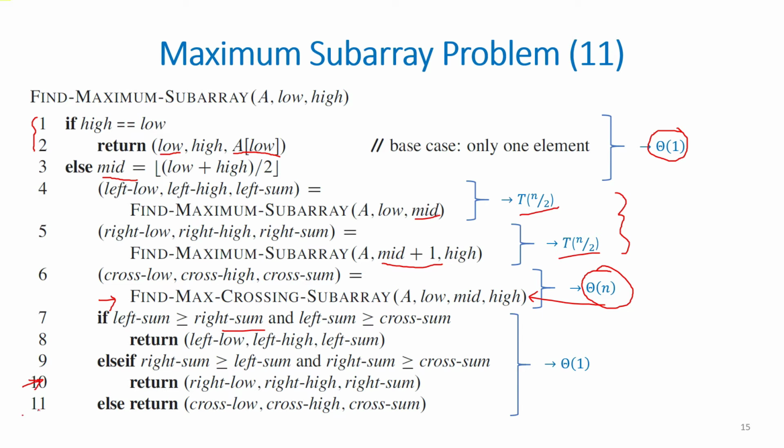And finally, line 11 returns the maximum subarray if lines 8 and 10 are not satisfied. Therefore, since it is just a comparison operation, the running time would be some constant value, theta 1.